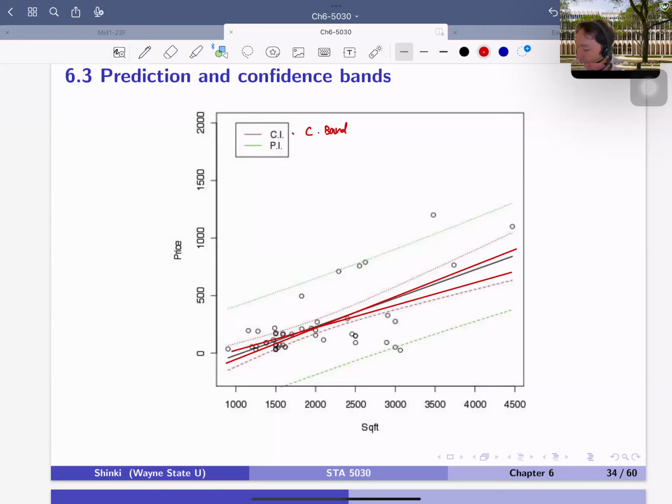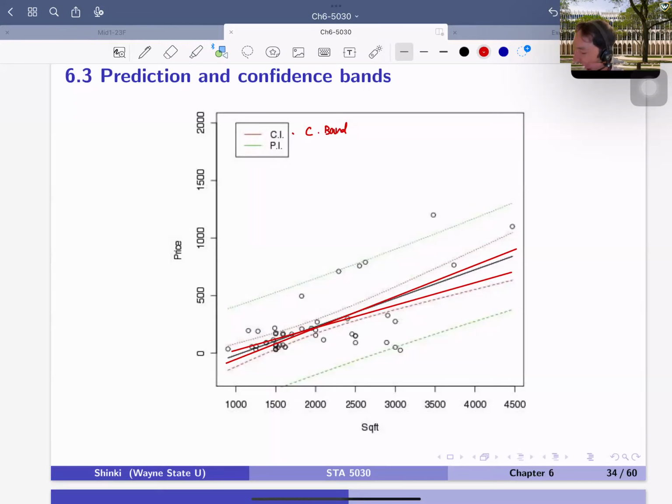So the fitted line is like this or like this, and this red band includes the true line.